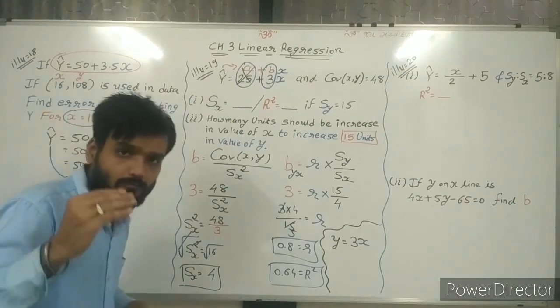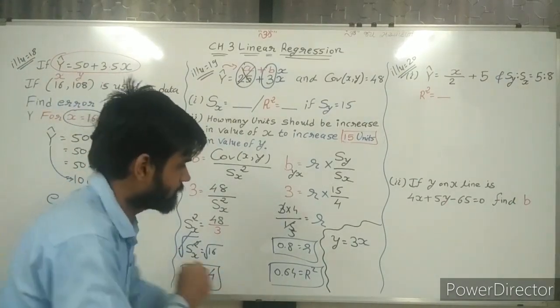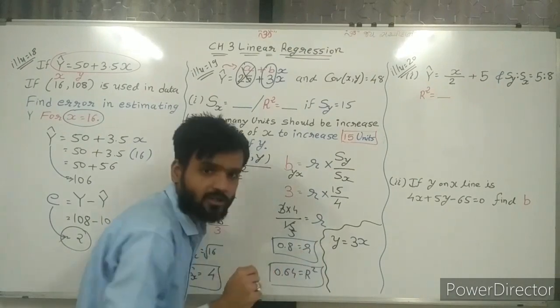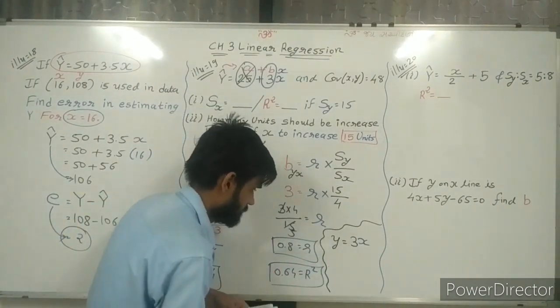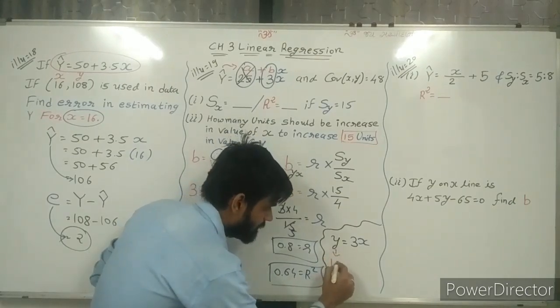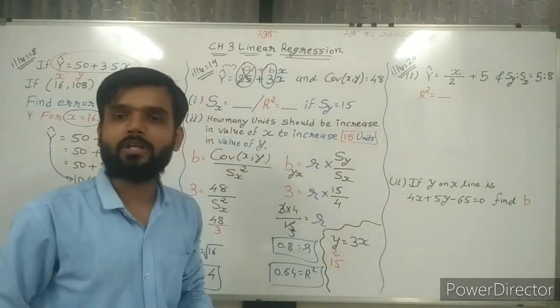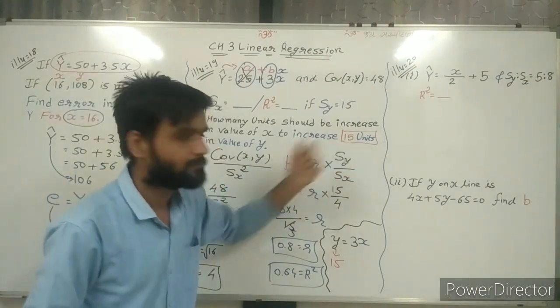So, try to understand. In y, we need to increase 15. In y, we need to increase 15 units.